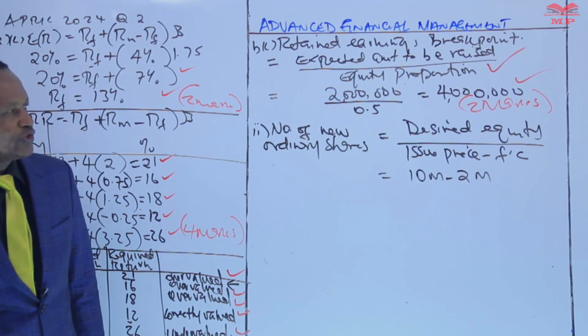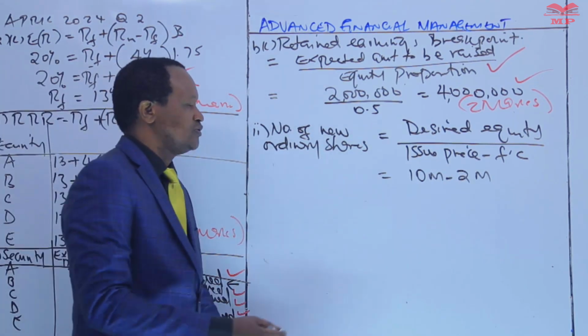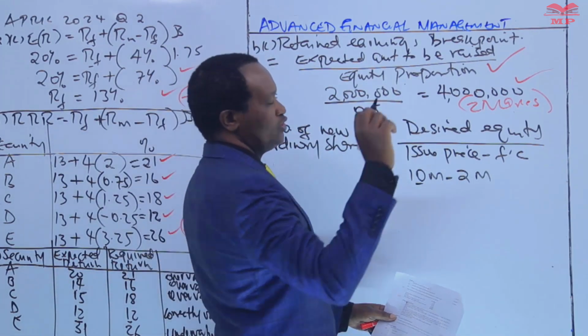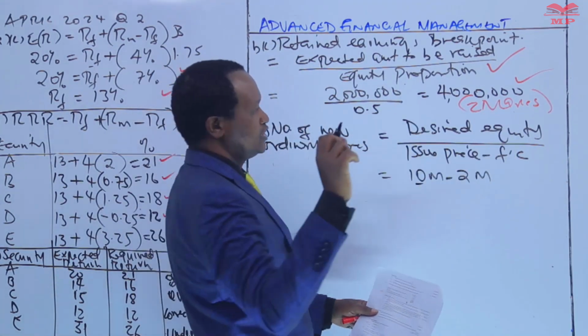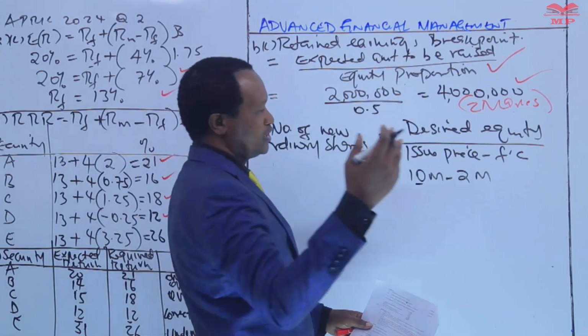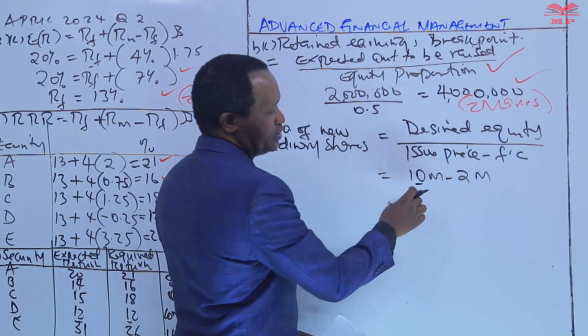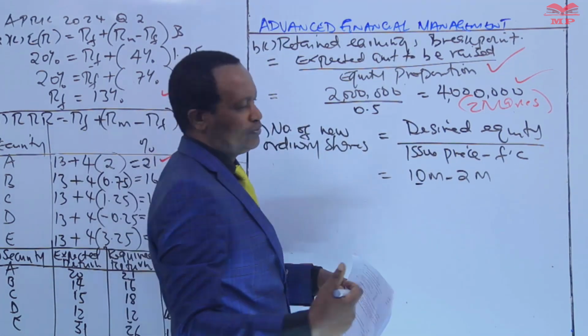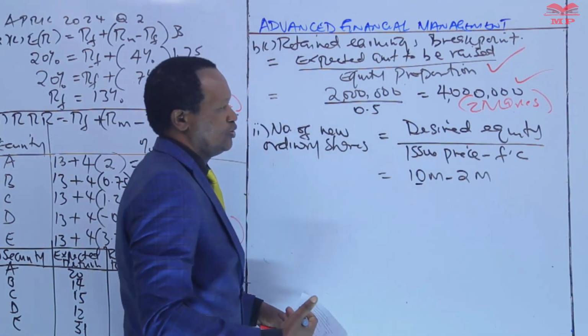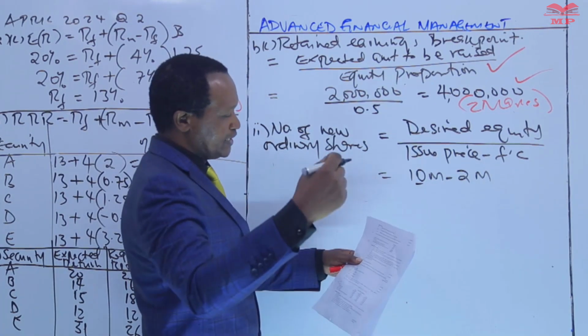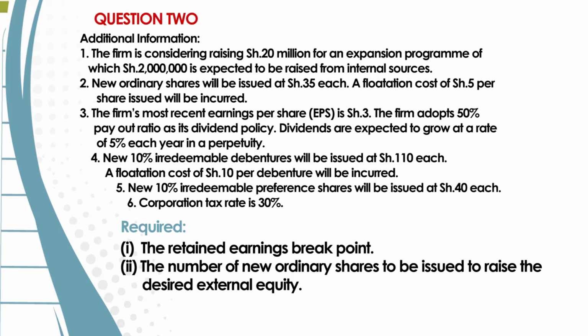So if the total equity is 10 million, then what the company desires to issue, the ordinary shares to be issued from outside, will be less than 10 million, because out of this 10 million, 2 million will come from internal sources. The question is the number of ordinary shares to be issued.